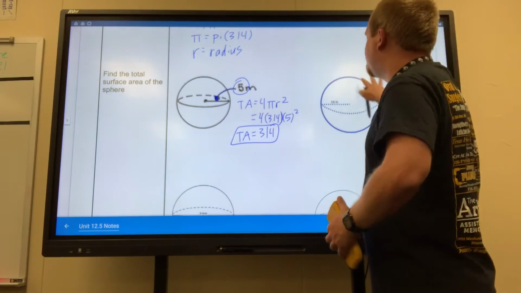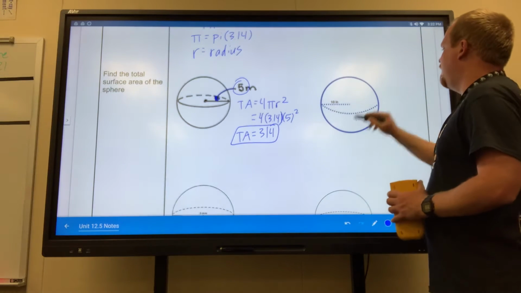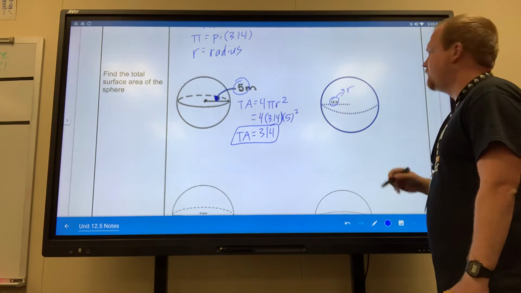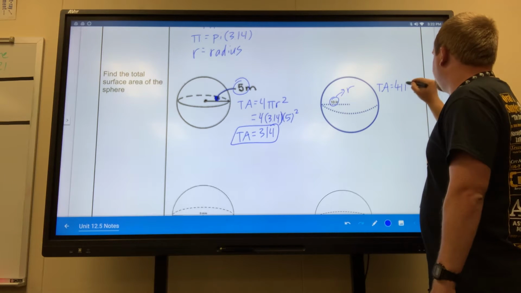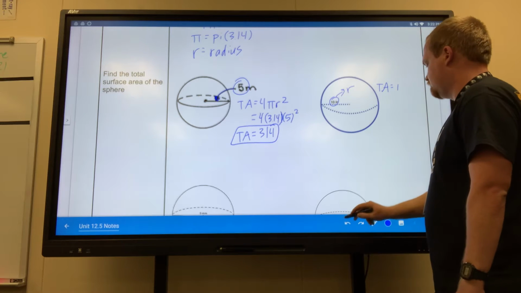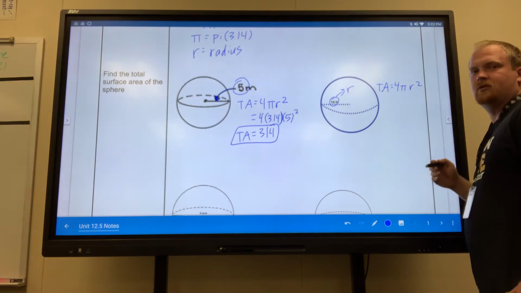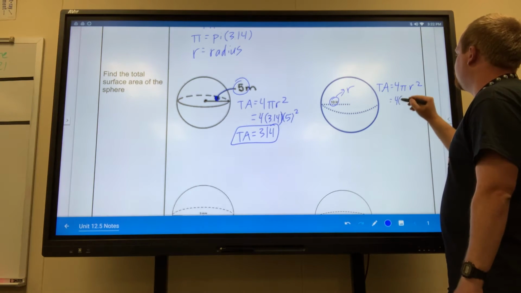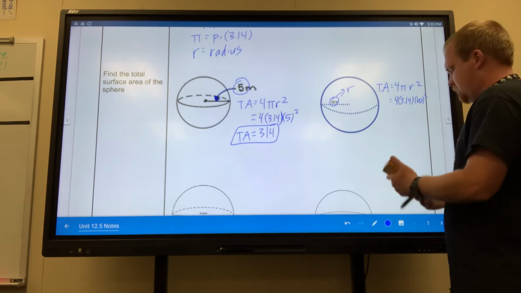But now, let's look at this sphere. My radius happens to be 10 this time. So remember, the total is 4 pi r squared. That's our surface area for a sphere. So that means we're doing 4 times 3.14 times 10 squared.